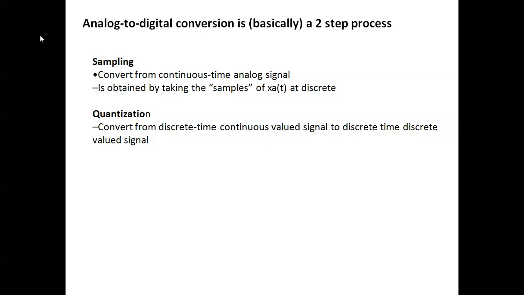Sampling means converting a continuous time analog signal by taking samples, and after taking the samples, we have to round the value to be equivalent to the instantaneous input value, which is called quantization. So sampling and quantization are the basic steps for converting analog to digital.